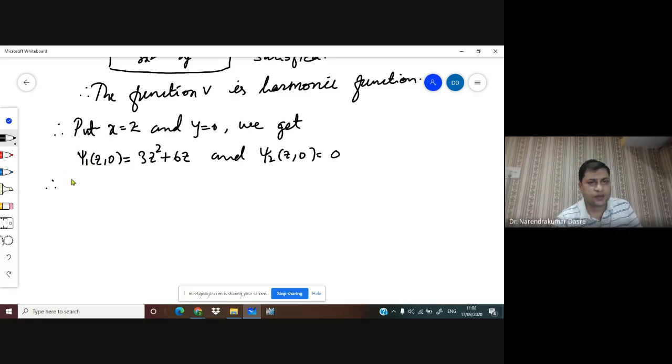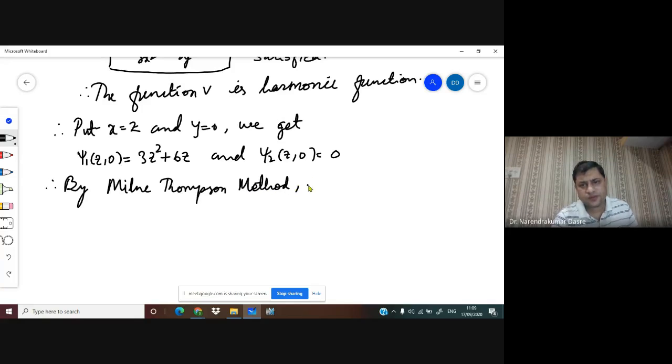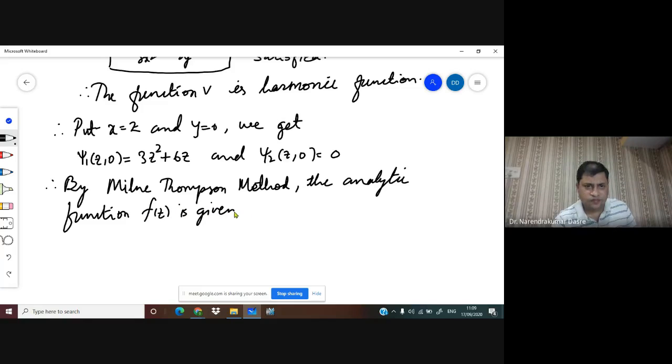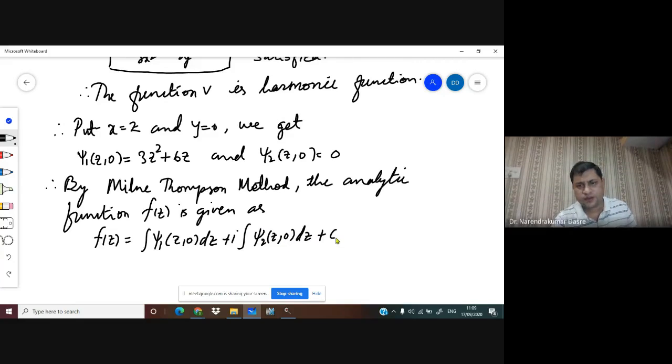By the Milne-Thompson method, the analytic function f(z) is given, in the case where the imaginary part is given, as f(z) = ∫ψ1(z,0) dz + i∫ψ2(z,0) dz + c, where c is the constant of integration.